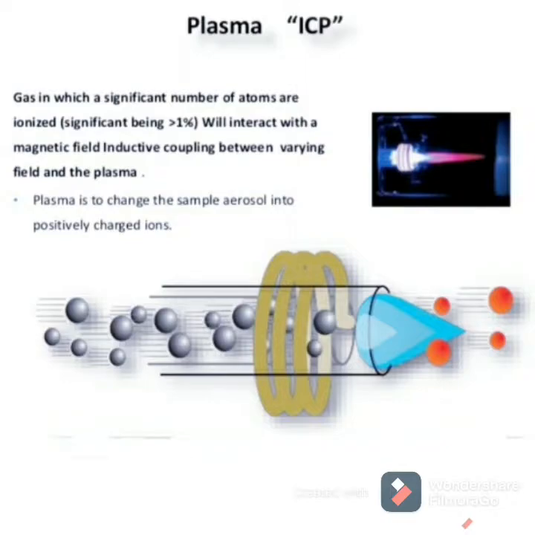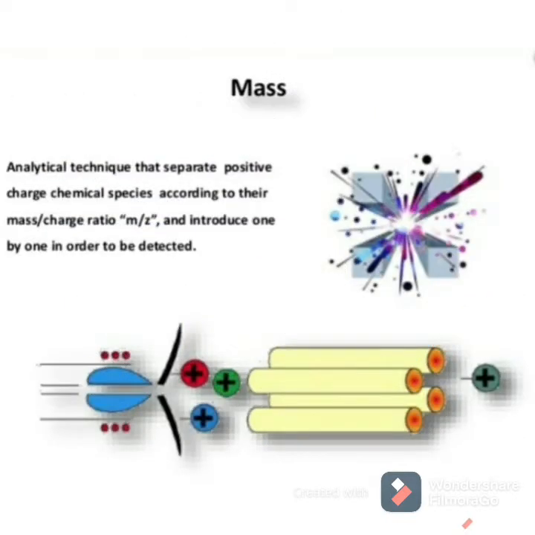After plasma, the positively charged ions are introduced to the mass analyzer, which separates positively charged chemical species according to their mass-to-charge ratio, m/z, and introduces them one by one in order to be detected. With the help of the mass analyzer, the ions go to the next level step by step.